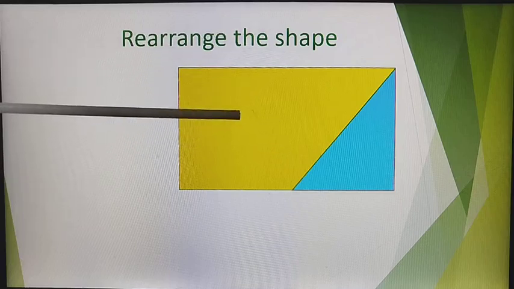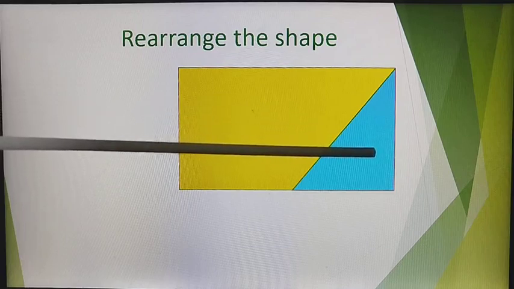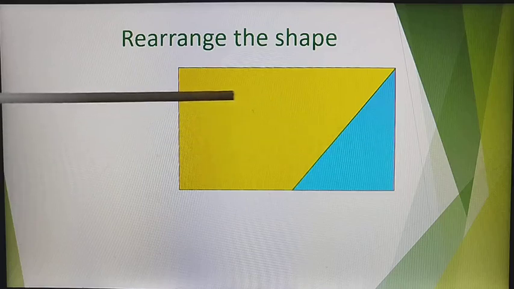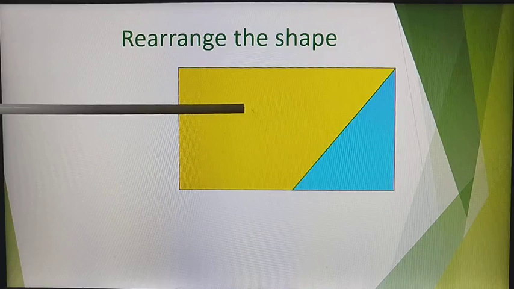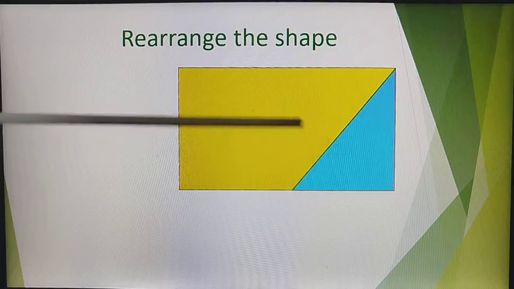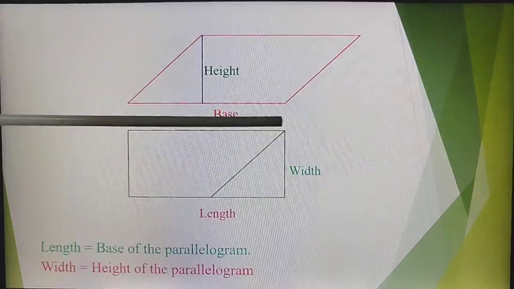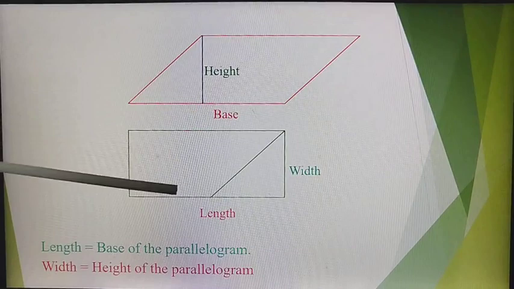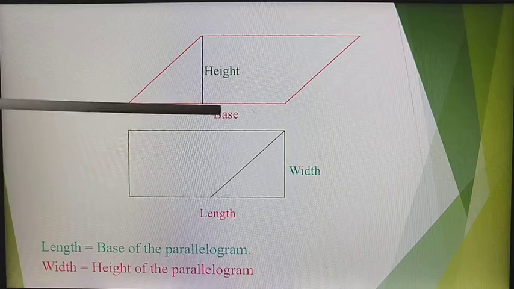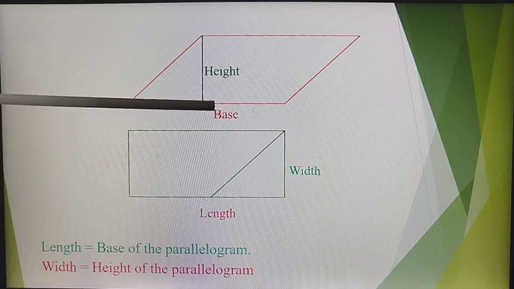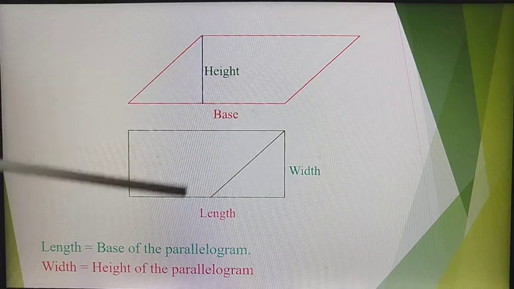This yellow part is the trapezium or trapezoid, and then the blue part is my right angle triangle. So the two shapes coming together have given me a new shape, a rectangle. Okay, so the rectangle, the length is the base of the parallelogram, and then the width is the height of the parallelogram.